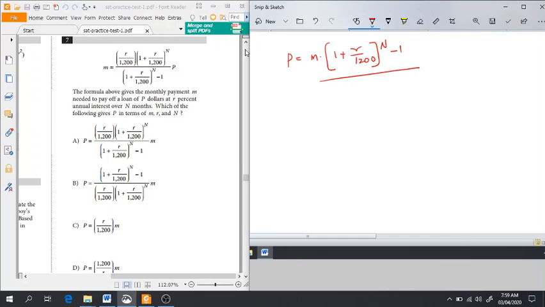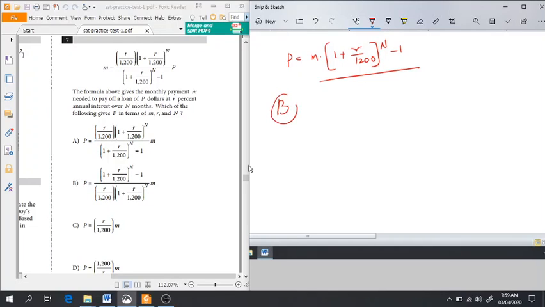Now after writing this step itself, look at the options, M times this expression. Which one is giving M times this expression? 1 plus r over 1200 to the power n. That corresponds to answer choice B.